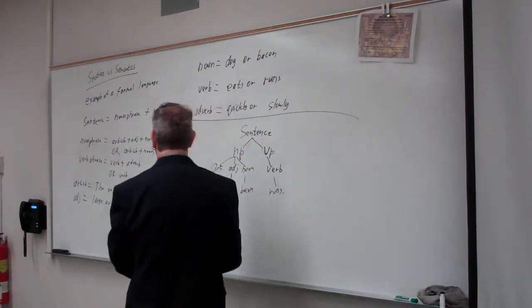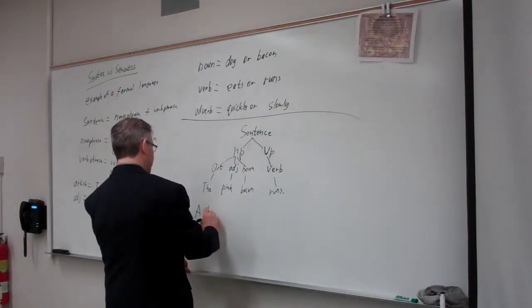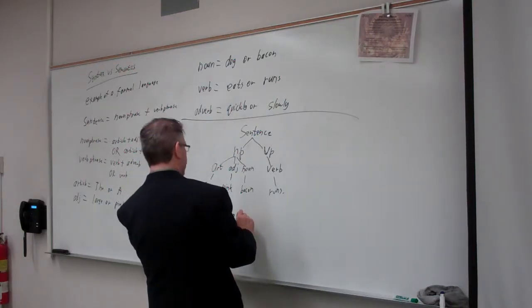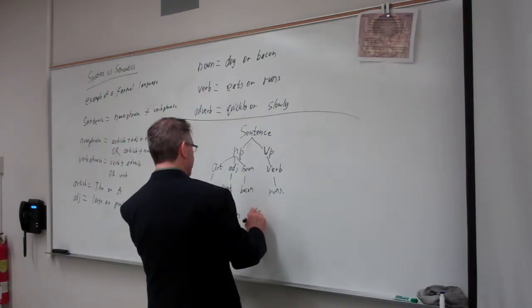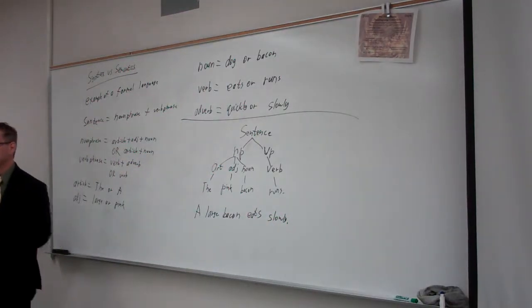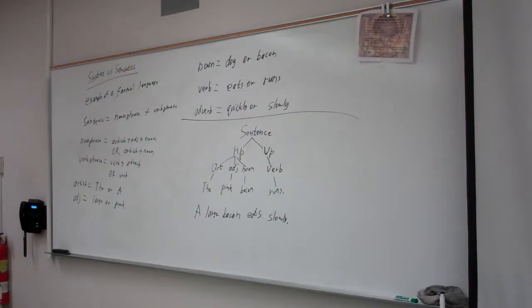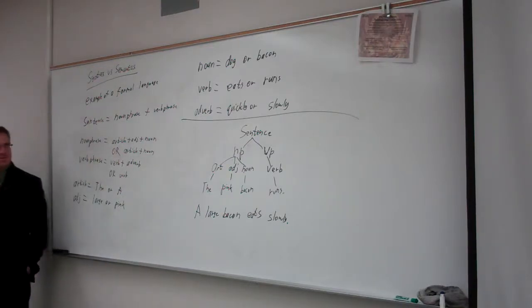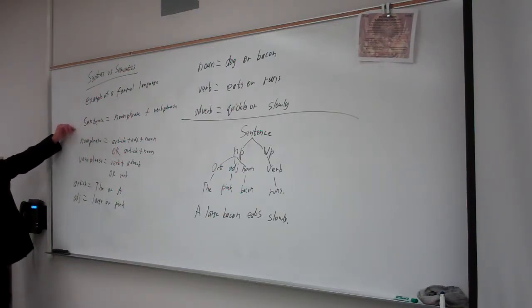It could also have been a large bacon eats slowly. That's also a valid sentence, but it doesn't have any reasonable meaning to us, right? So the syntax is perfectly fine. Syntax is defined by a formal language definition like this.